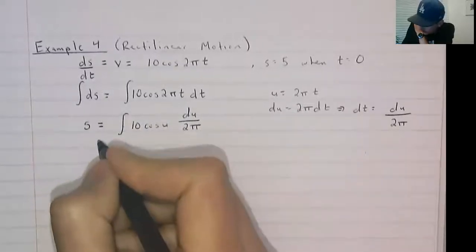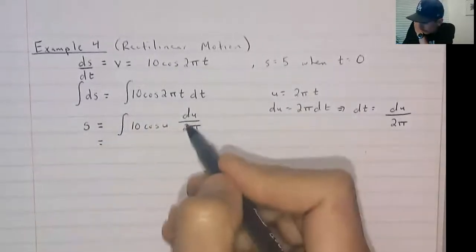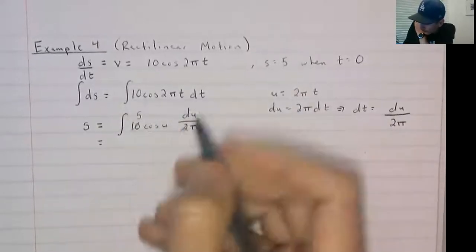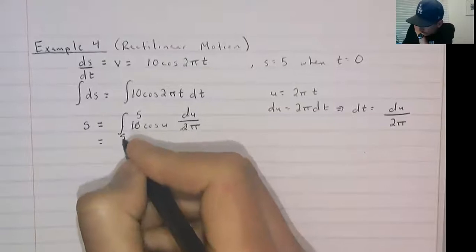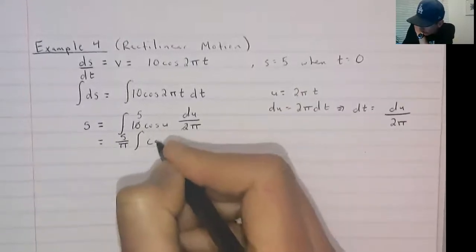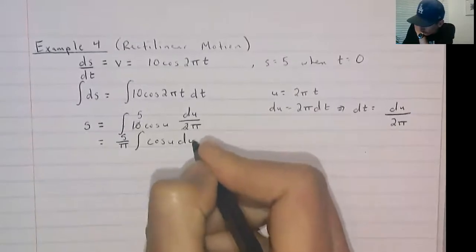And so this integral actually becomes, well, the 2 cancels with the 10 to give us a 5. We can pull that out now, the 5 over pi times the antiderivative of the cosine of u du.